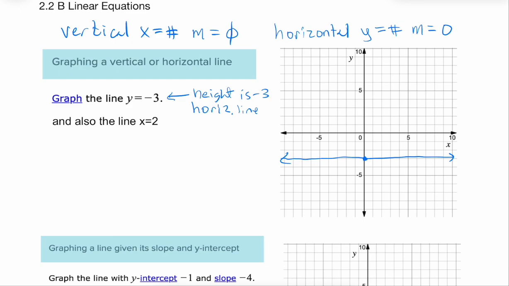If we want to also graph the line x equals 2, this is the x-intercept of your vertical line. So what I like to do there is find the value on the x-axis where x equals 2, and then just make my vertical line.